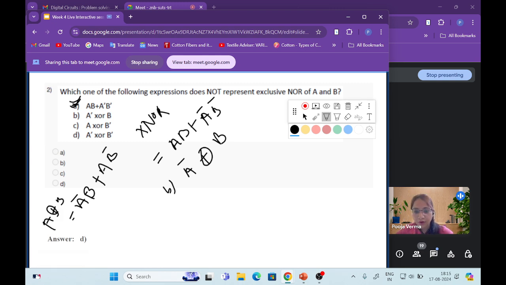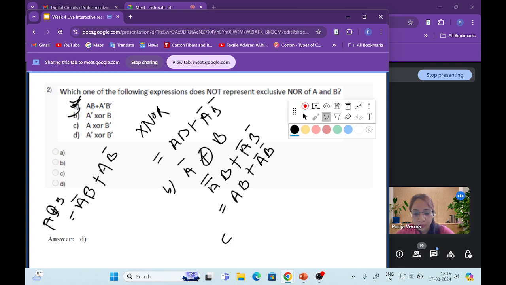So in this form, a bar is already there, so a double bar will be there: A double dash B plus A dash, and B dash. A double dash will be A only, so it will be AB plus A dash B dash. So option B is also representing the XNOR gate. So option B is also correct.